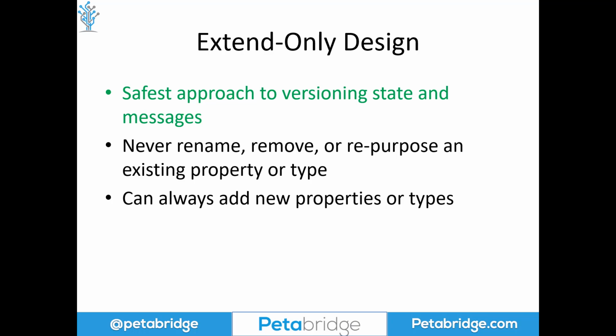So if you wanted to do a major refactoring in an extend-only design system, what you'd probably do is introduce a new type and design it so messages of the old type could still be read and could still be mapped using the mapping layer we're going to introduce in the next part of our demo. You can still always map them back into whatever the new application type is, but you would essentially stop using the old types that were obsolete and begin using the new ones, but still make sure you have that adapter inside the read side of your system that could translate those old events into newer ones, could essentially upgrade them to the newer event type.